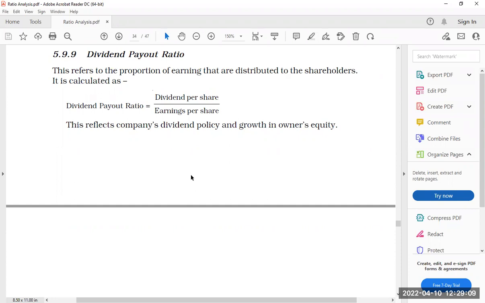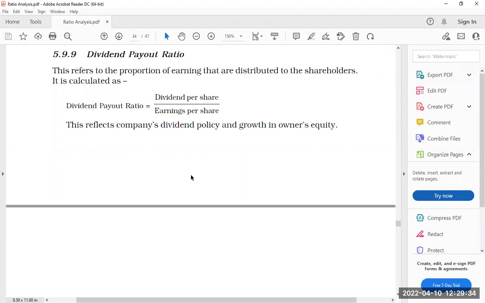Keep this much only. Next semester, you keep this point and discuss with your teacher. This is called dividend earnings management. This is called earnings management. Company, how to manage the earnings of the company. There are three things. One is financing decision that talks about equity, preference, retained earnings. Another one is investment decision that talks about your fixed asset, current asset, all these things.